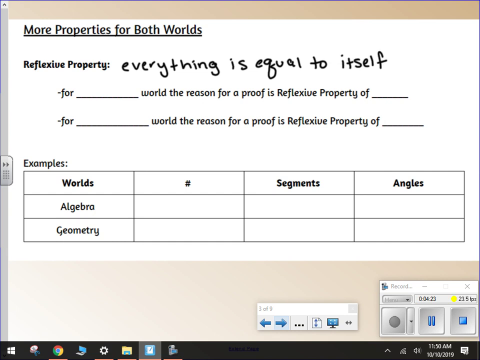So for algebra, if I'm using reflexive property in a proof, this would be my reason, and we would say reflexive property of equality. For geometry world, if we needed to use this property, this would be our reason, and it's going to be reflexive property of congruency.